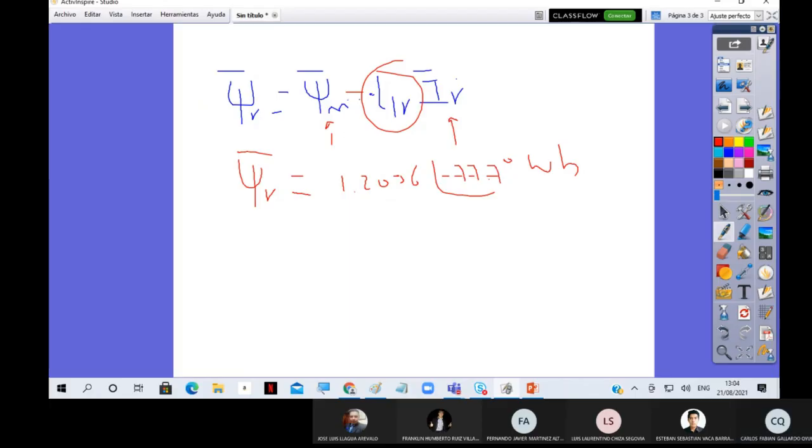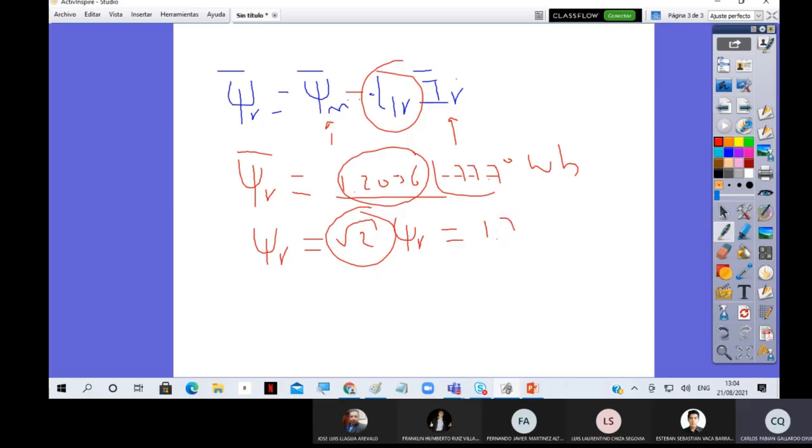But the problem is asking me to compute the peak value, right? Therefore, by definition, the peak value is equal to the square root of 2 times the magnitude of the flux. So this times the square root of 2, I will get 1.7106.